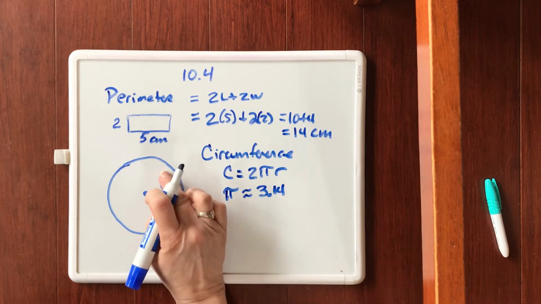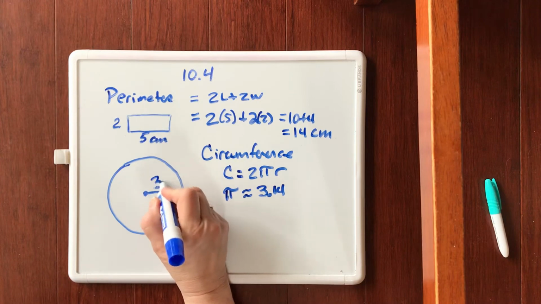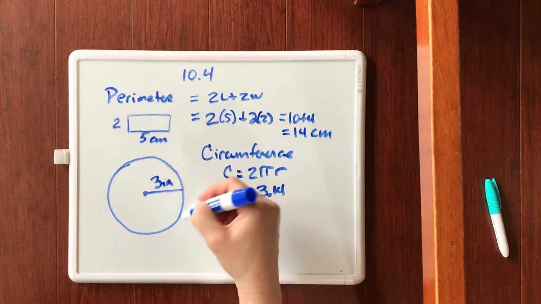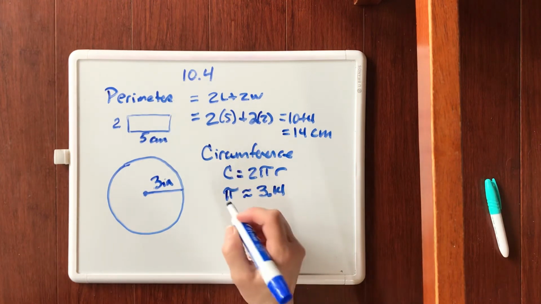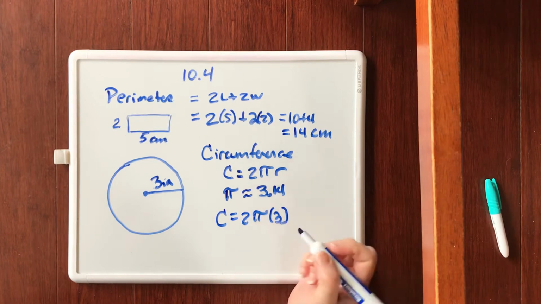So let's say that we have a circle with radius 3 inches, and we want to know the circumference, how long this is outside. We use this formula, c is 2 pi times 3.